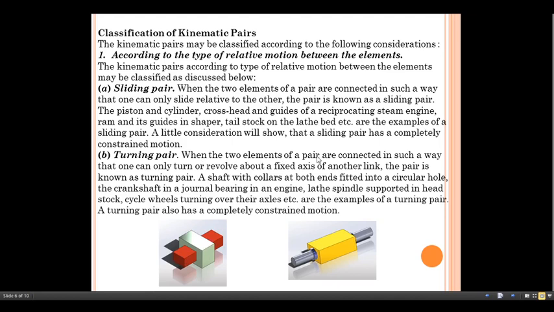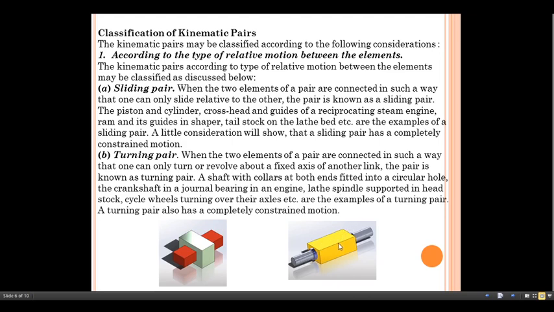When the two elements of a pair are connected in such a way that one can only turn or revolve about a fixed axis of another link, the pair is known as turning pair. Now see this example, a shaft with a collar. Here the shaft with collars at both ends fitted into a circular hole.